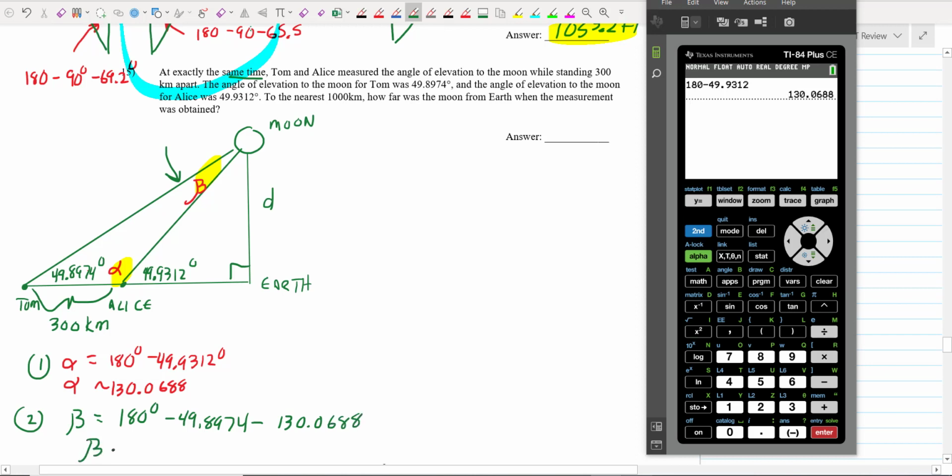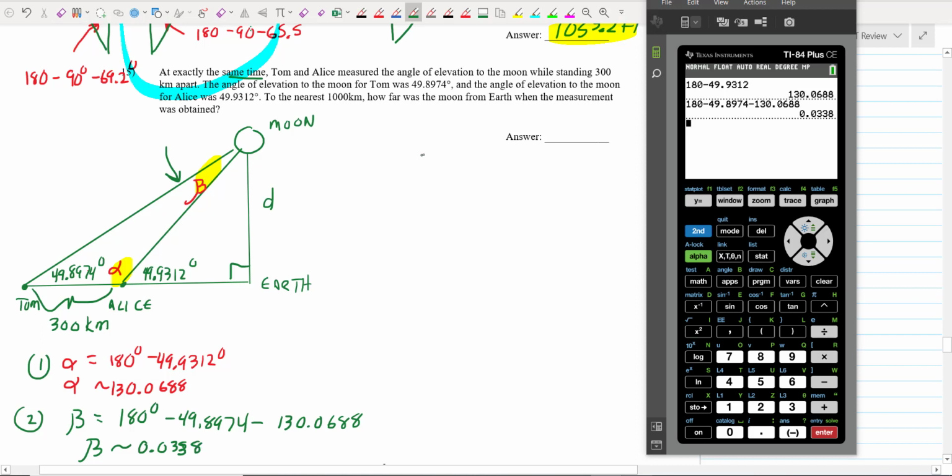So I'll do that on the calculator: 180 minus the 49.8974 you were given minus the 130.0688. All right, so that gives a real small angle. That makes a lot of sense to me, because we're measuring the distance to the moon, so that's a tiny angle right there.